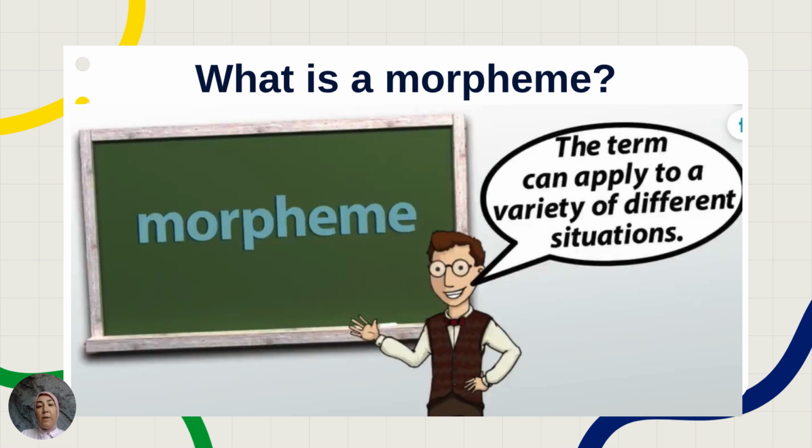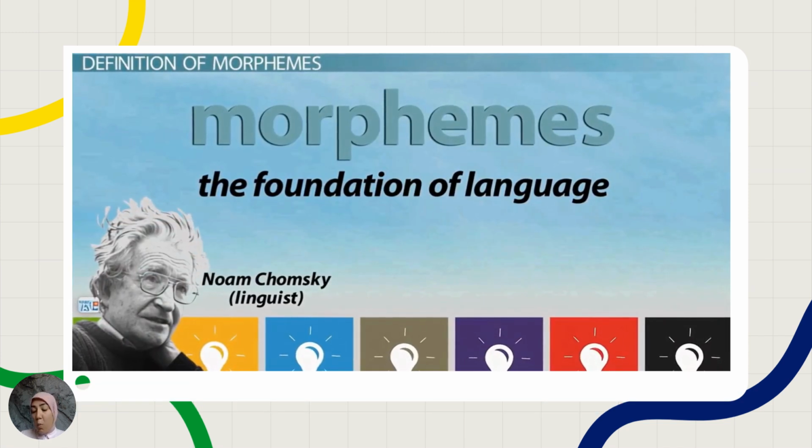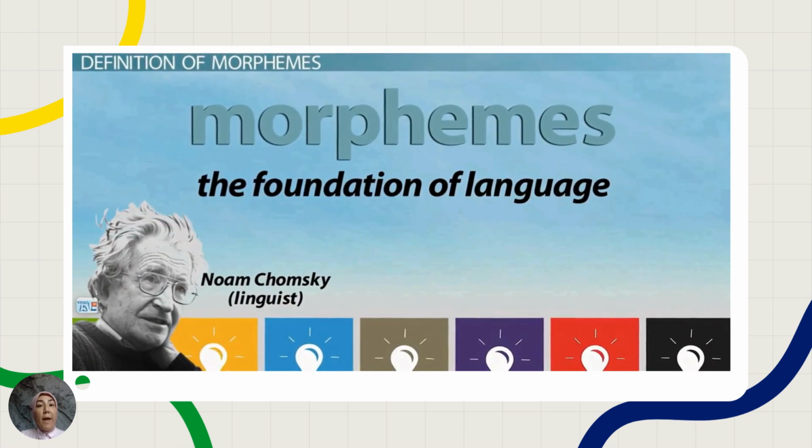The term morpheme can apply to a variety of situations. Of course, the term morpheme can be met in linguistics, in literature, in exact sciences as well, in physics, for example. But of course, we will look at this term from the perspective of linguistics. What is a morpheme? Morpheme is the foundation of language.